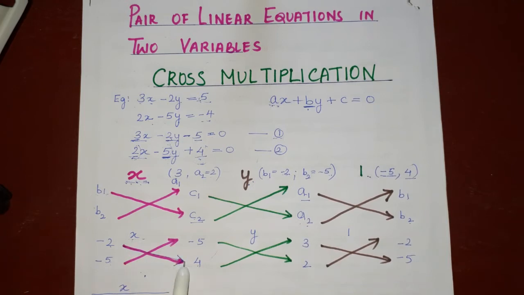The direction of the arrow is showing in this way, so I'm going to multiply it in this way. So (-2) multiplied by 4 in a bracket, and then coming to the next arrow, this arrow is showing to multiply -5 into -5. Between these two things, this is my first arrow, -2 into 4, and this is my second arrow, -5 into -5. Between these two things we have to put a subtraction sign.